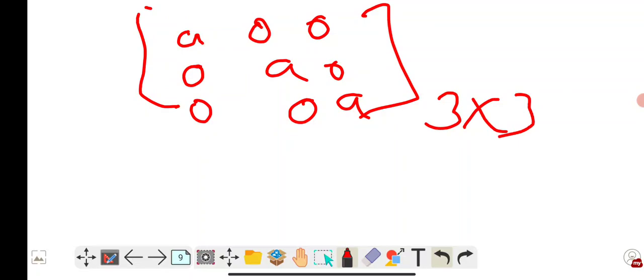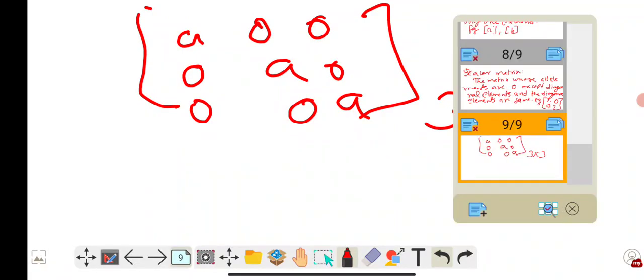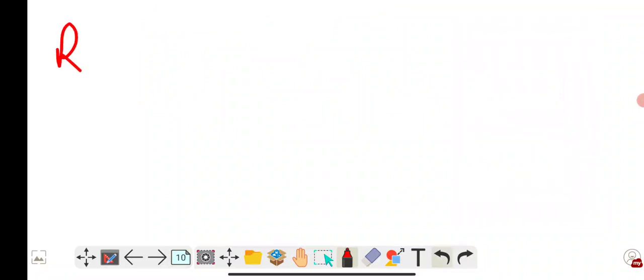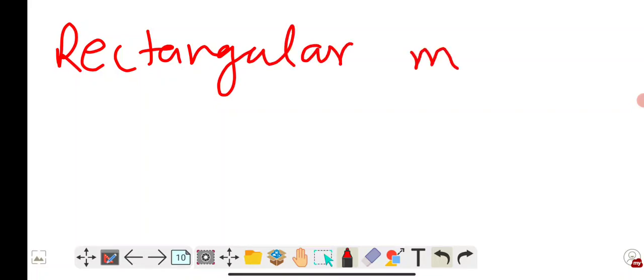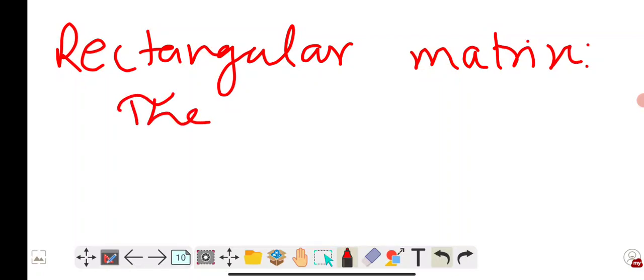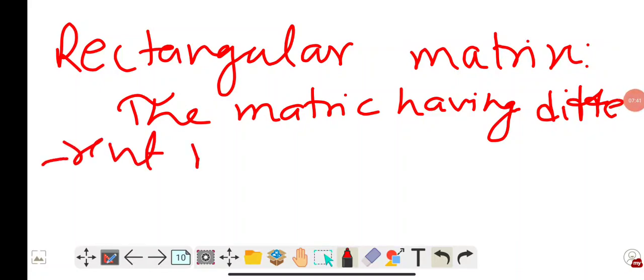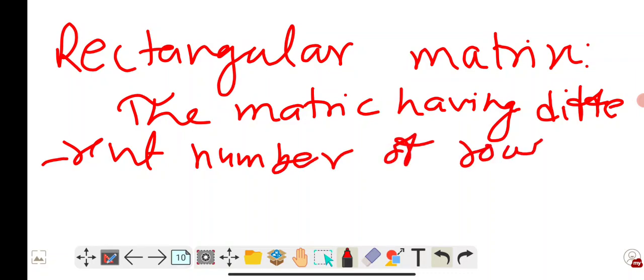Now let's move towards rectangular matrix. Rectangular matrix. The matrix having a different number of rows and columns.